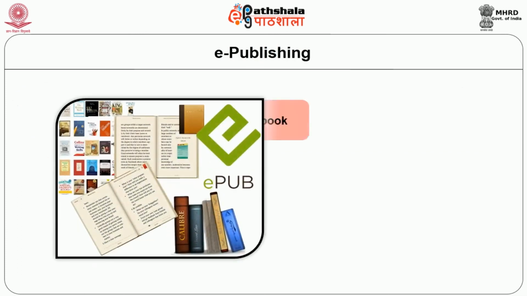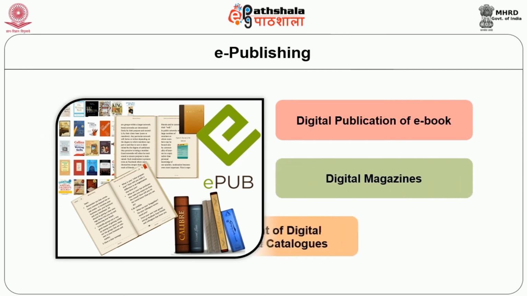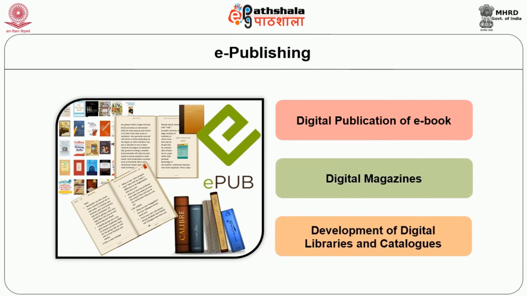And next, a very important published source is e-publishing. Electronic publishing, also referred to as e-publishing or digital publishing or online publishing, includes the digital publication of e-books, digital magazines and the development of digital libraries and catalogs.